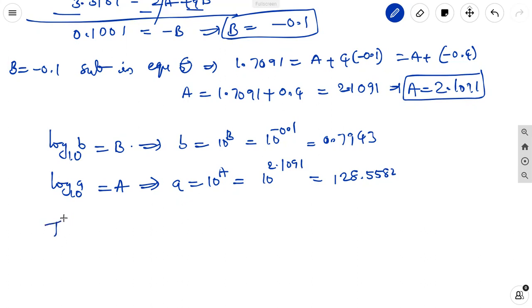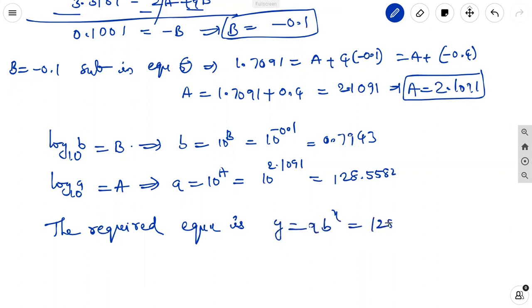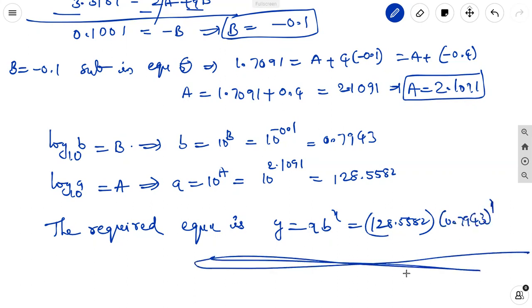So the required equation is y equal to a b power x, where a is 128.5582 and b is 0.7943, whole power x. It is the required equation.